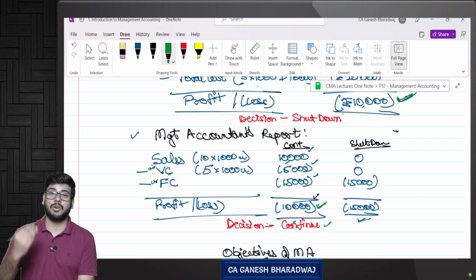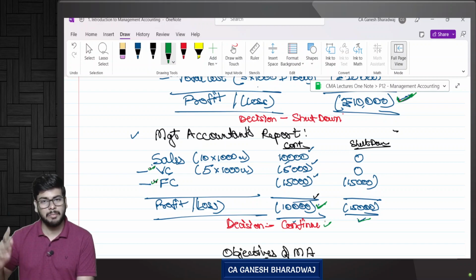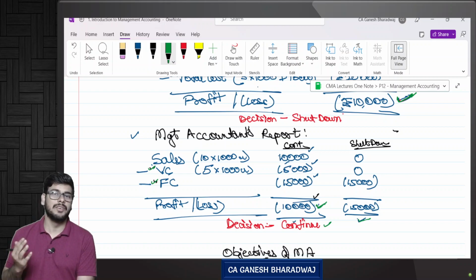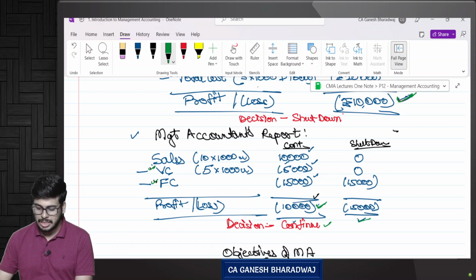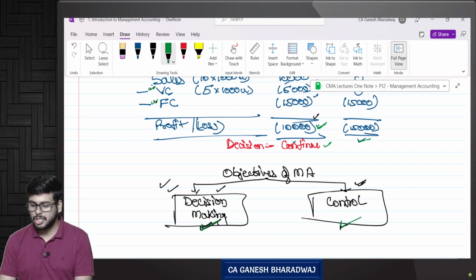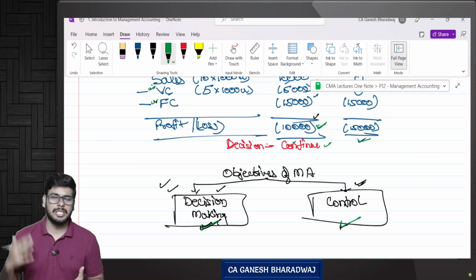Here, the management accountant is properly advising the company to continue the business for the next 1 month. Even if there is a loss of 10,000, you are still preventing yourself from a loss of 5,000. That's why I said the overall objectives of management accounting are twin in nature. What are the 2 objectives? Decision making and control. So on this note, I'm concluding this first chapter.